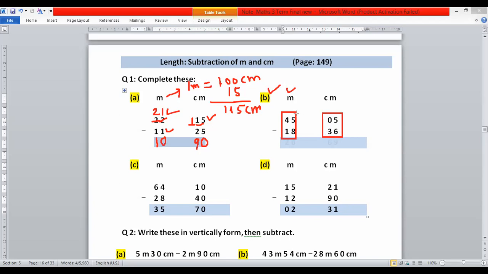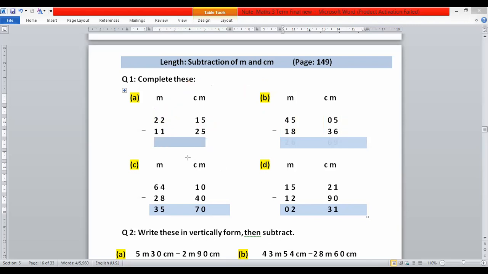So here the same problem is coming. First of all, we focus on these numbers, these centimeters. Here we have 5 centimeters. Here we have 36. So it is not possible for us to subtract 36 from 5.